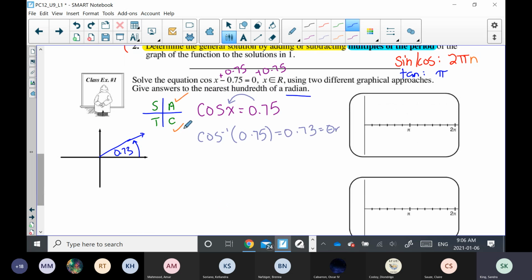My other solution is in quadrant 4. So in quadrant 4, put a reference angle of 0.73 in. They want the angle in standard position. So what would this rotational angle be? We're not quite going to 2 pi, but our second answer is going to be 2 pi minus 0.73.